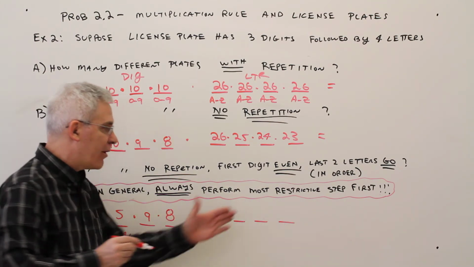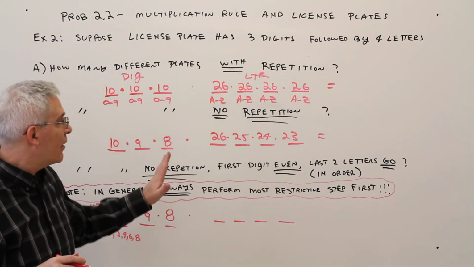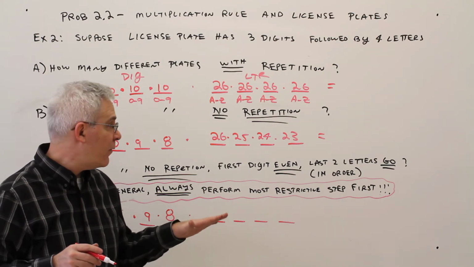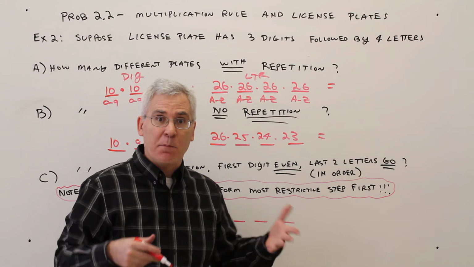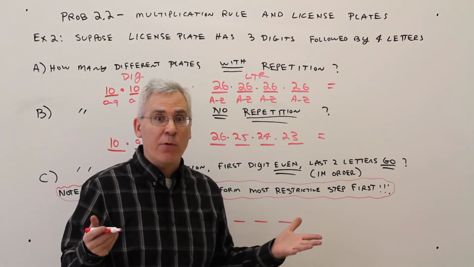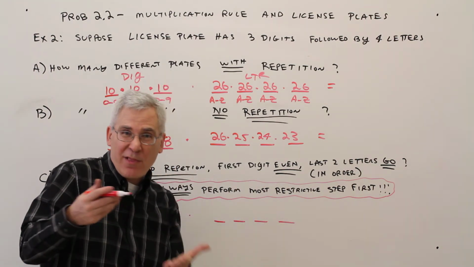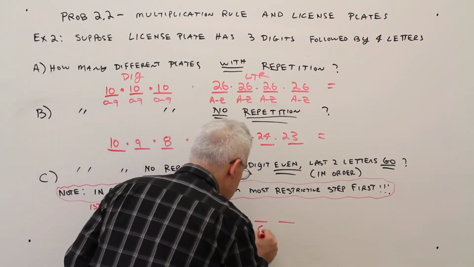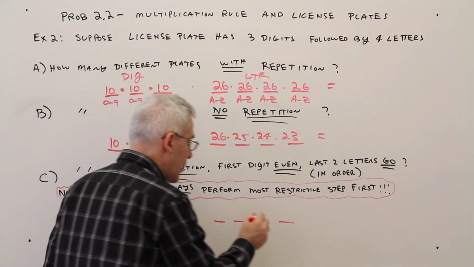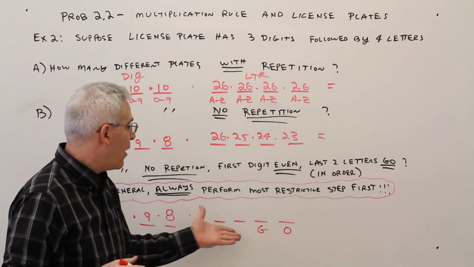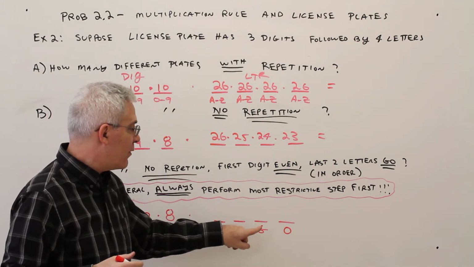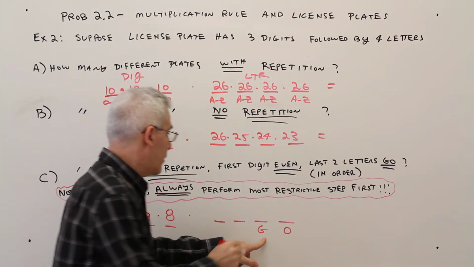Okay, now I'm going to come over here with the letters. Again, let's do the most restrictive steps first. Well, I've got some restrictions here. The last 2 letters must be G followed by O. So again, below I put my possibilities. So you could only be G and you could only be O. Hey, those are my initials as well. So how many ways to do that step? 1.